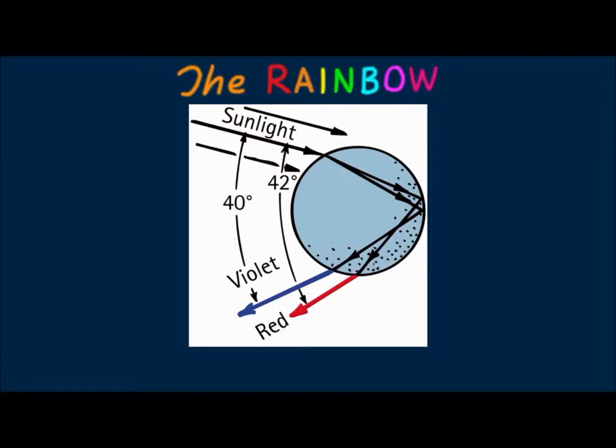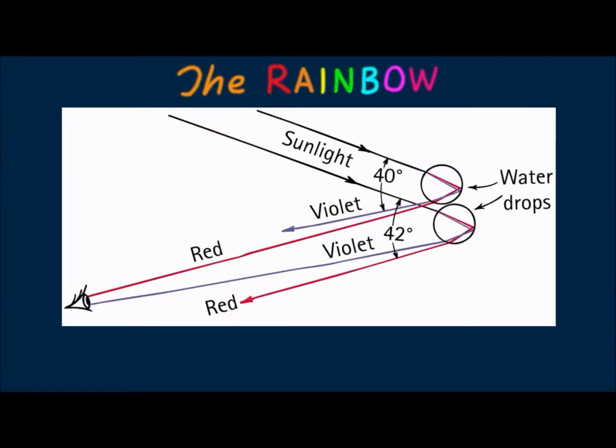After two refractions and a reflection, the outgoing light can make an angle with the incoming rays of anywhere from 0 degrees to a maximum of 42 degrees, depending upon where the light strikes the droplet. Although each drop disperses a full spectrum of colors, an observer is in a position to see the concentrated light of only a single color from any one drop.